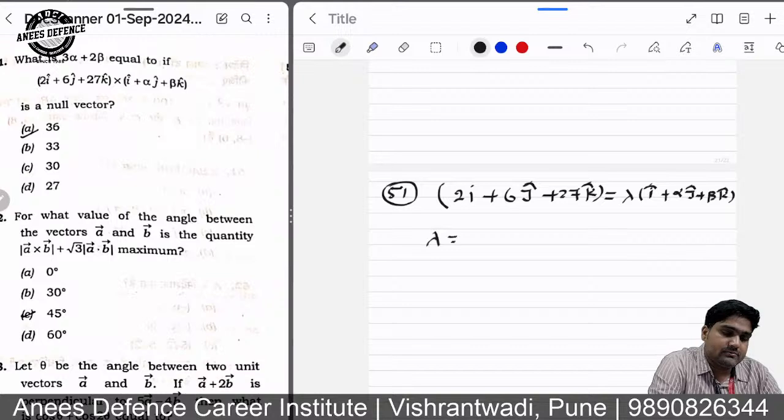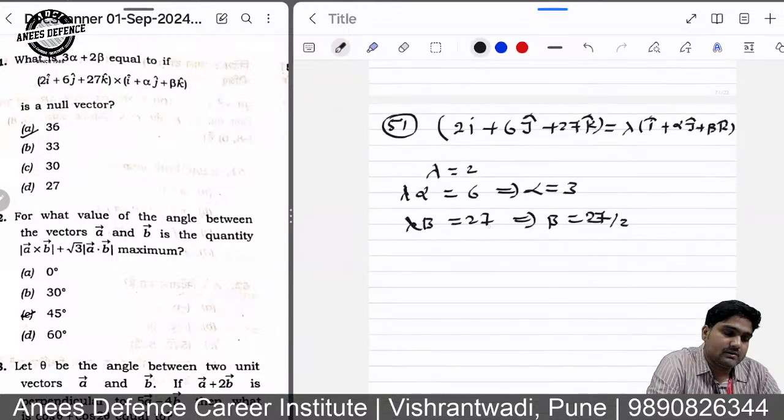So lambda equals 2. So alpha times lambda is 6, so alpha is 3, and lambda beta is 27, so beta is 27 by 2.